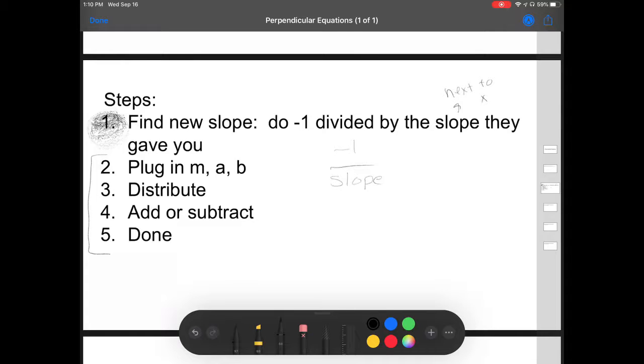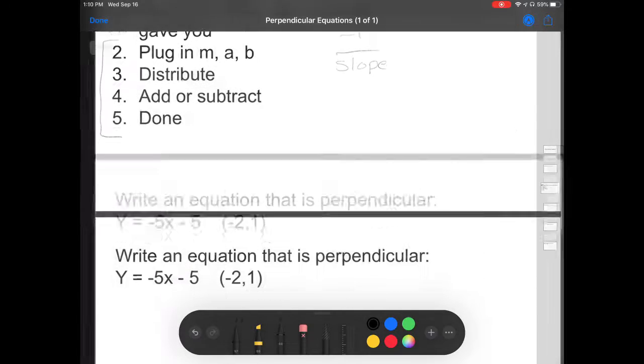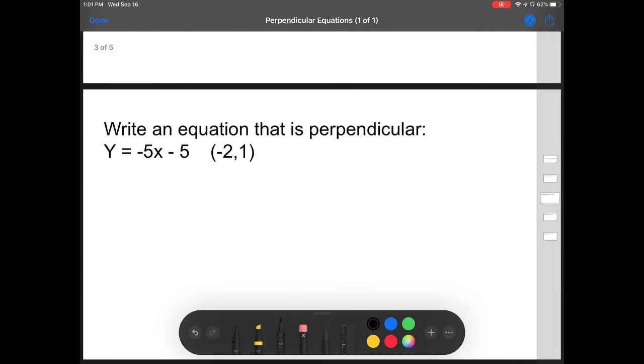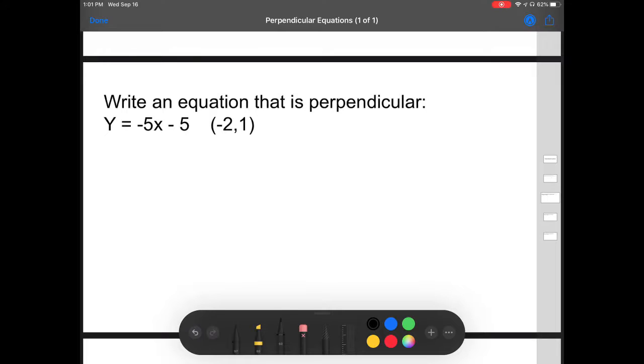Everything else is the same as yesterday. Once you have that new m, you plug in the a and the b with the m, distribute, add or subtract, and then you're done. So it's going to be very similar to what we did yesterday. The steps are the same.